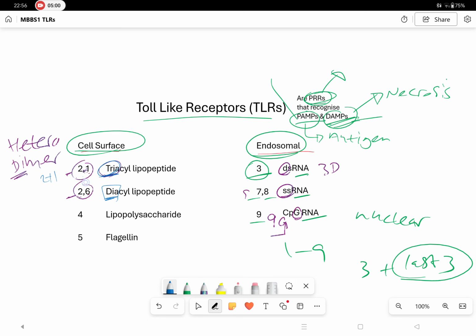So there's two dimers, and each contains the number 2, and you've got a diacyl, so 2, 2, and 2.